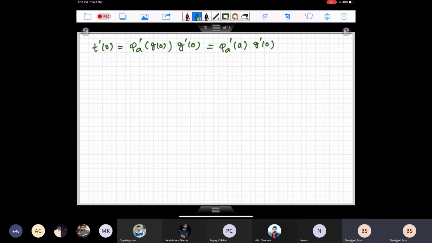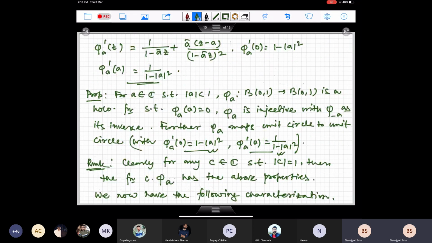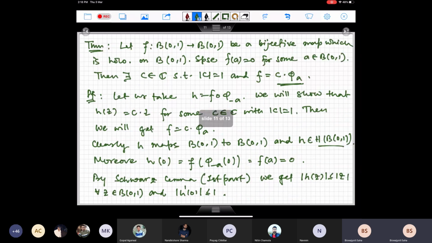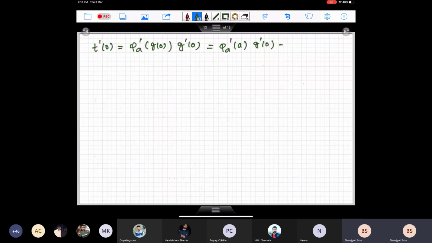Let us see what phi A prime of A is. Phi A prime of A we have calculated, 1 upon exactly the quantity which we wanted to get hold of, just the reciprocal of that. So this is G prime of 0 divided by 1 upon mod A squared. So this implies mod of G prime of 0 is bigger than or equal to 1 minus mod A squared.